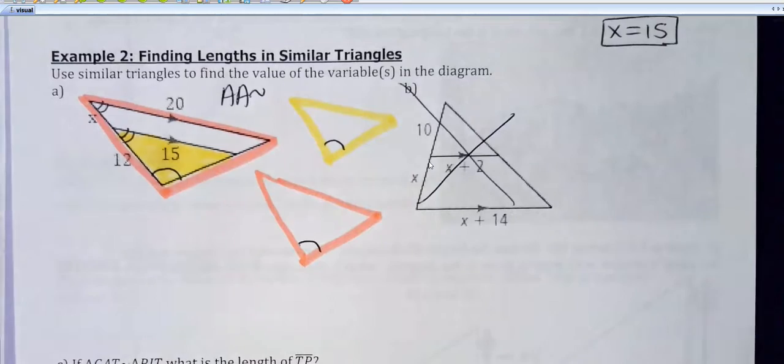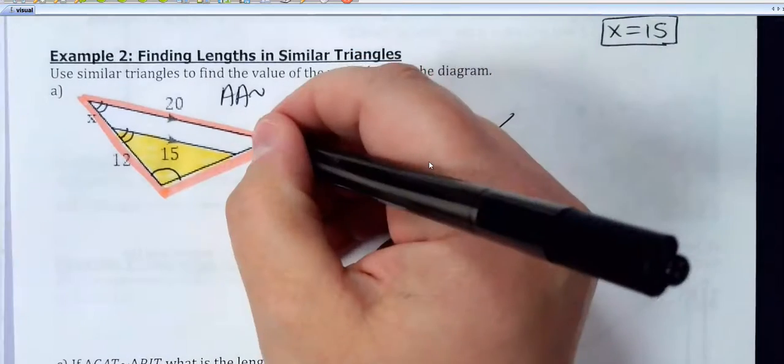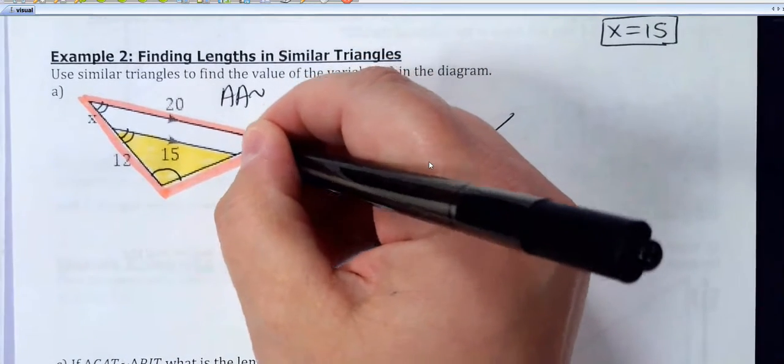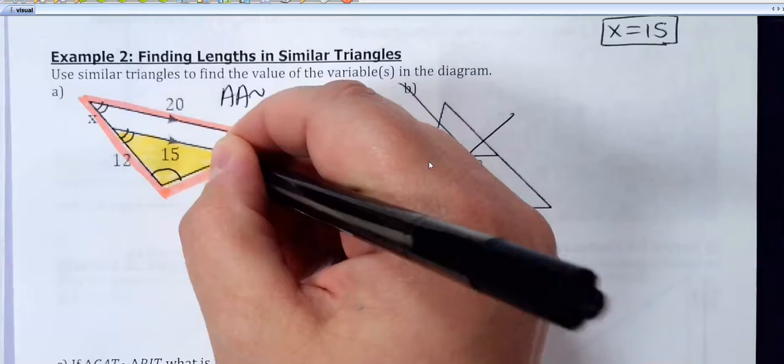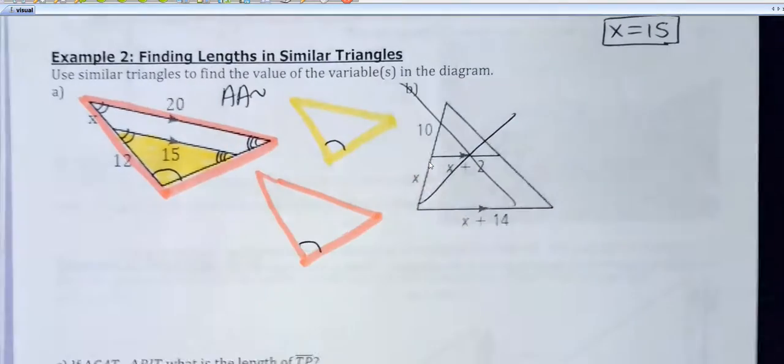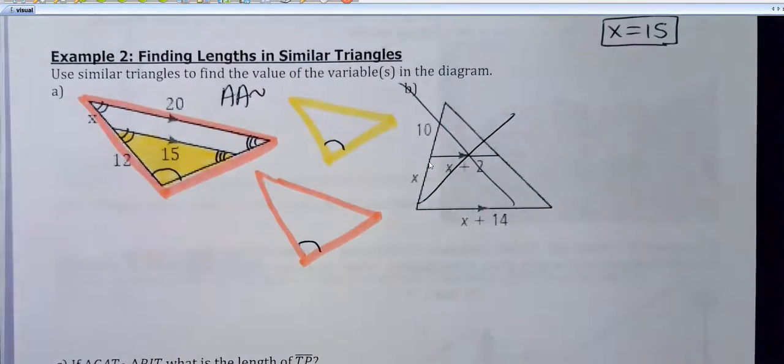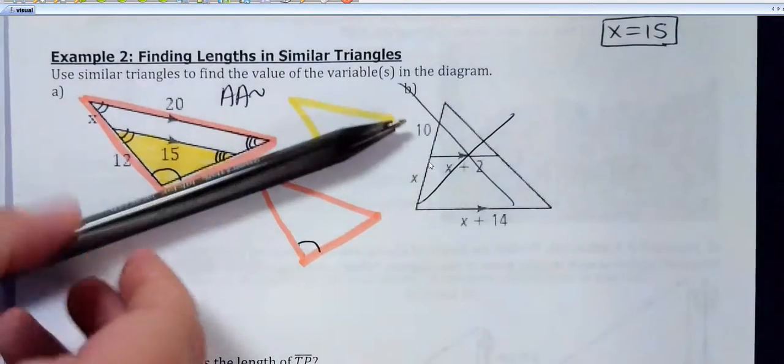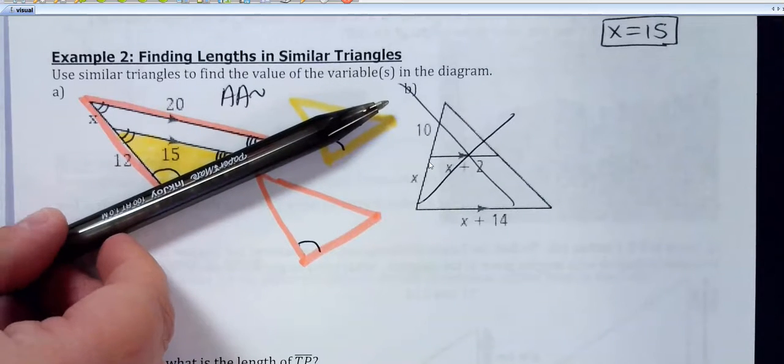You can also make an argument here. This corner, I'm going to go 1, 2, 3, and this corner, 1, 2, 3. That would be another set of corresponding angles from the parallel lines that have to be congruent, using this side of the triangle as a transversal.